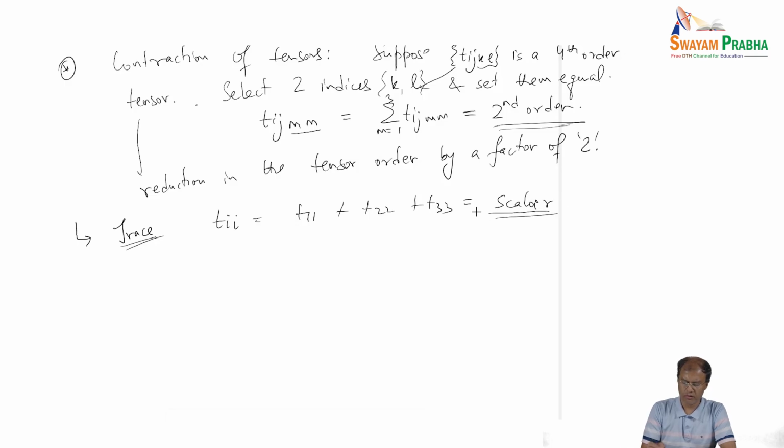So for a second order tensor, the trace, which is the contraction operator, reduces the order by 2 and it becomes a scalar. The trace also has more special properties. For example, being a scalar, it is invariant under matrix transformation.